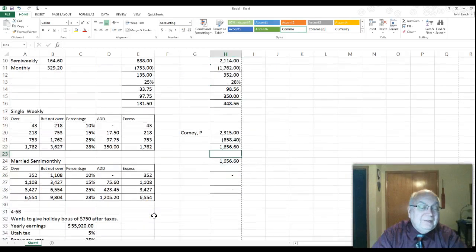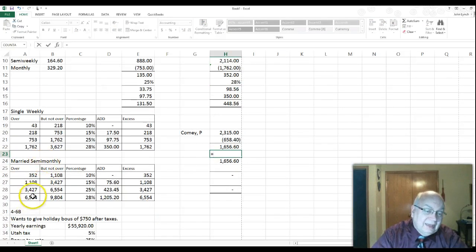Okay, now this one had a different table. This was married semi-monthly, so again, that's a different table. It's on the same page, but you go farther down, and you see the 1656 falls into this category, so we subtract off the 1108.